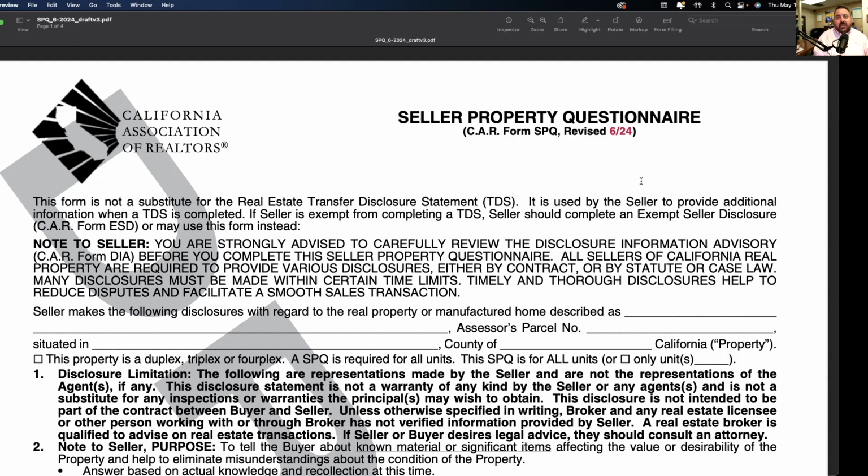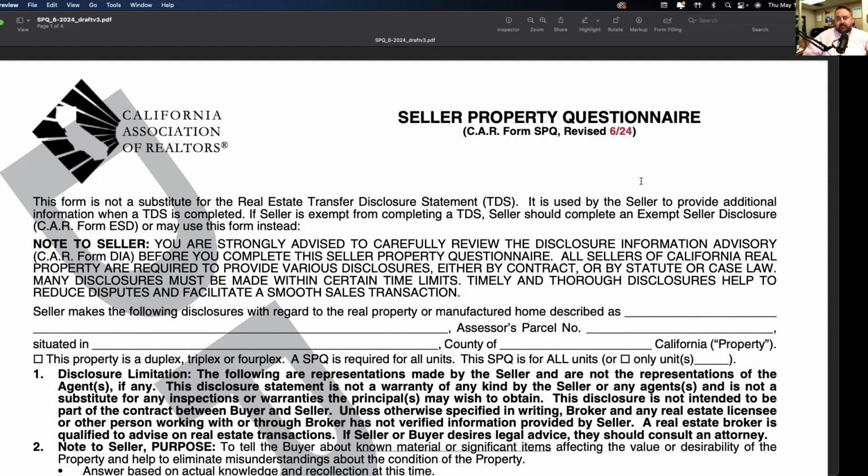Even though the disclosing of modifications, additions, repairs has always existed, so it's not that big of a change, this is more to address flippers and investors, the guys that are buying houses, quickly repairing them, and then putting them back on the market for a huge increase in price.